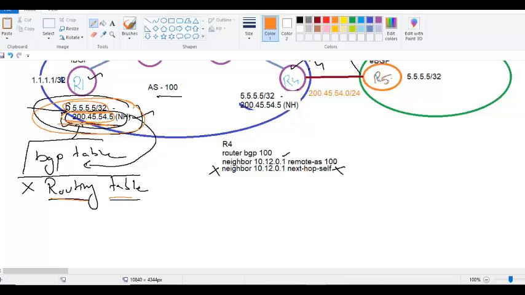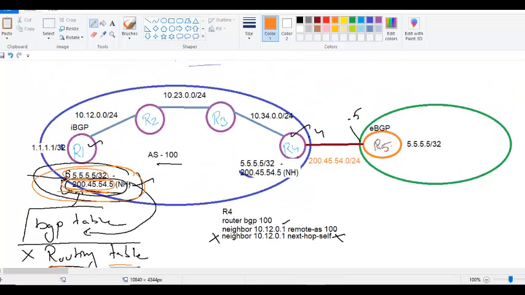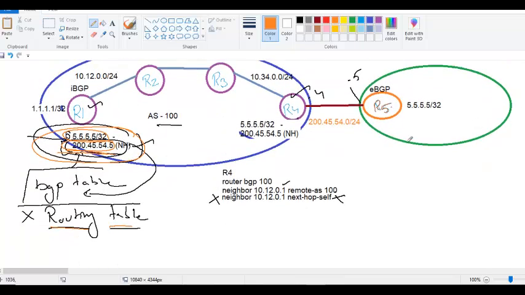I just said that there is an abnormal behavior in BGP. What is that? eBGP's address, 200.45, is carried to IBGP. That is how I started this class.